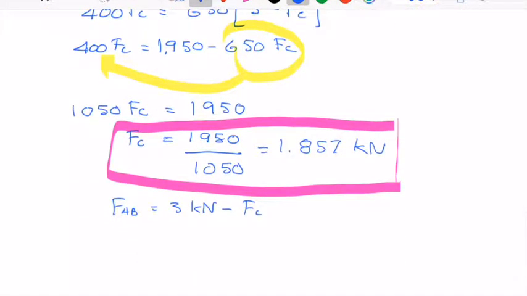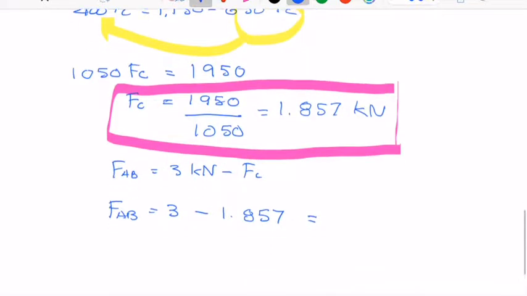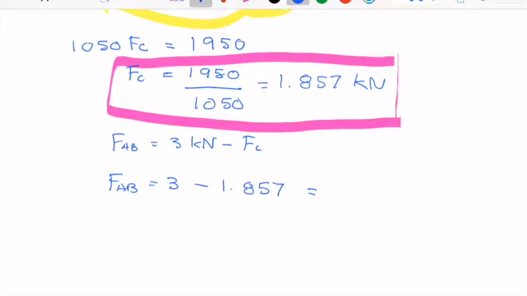That is coming from equation 1 just now. So my FAB is 3 minus 1.857, and that will give me my FAB, which is 1.048 kilonewton.